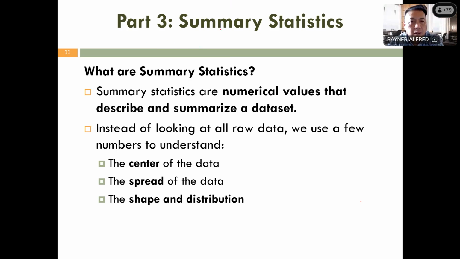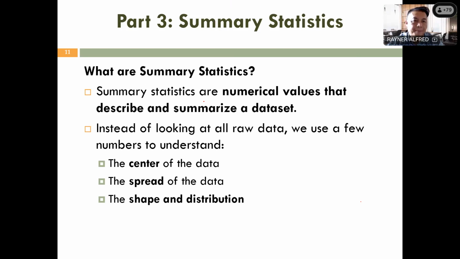So now we look into part 3. We have covered part 1, which is the definition of data exploration. The second part is the types of data that we have. And now we look into the summary metrics that we can use in order to explore our data. Okay.